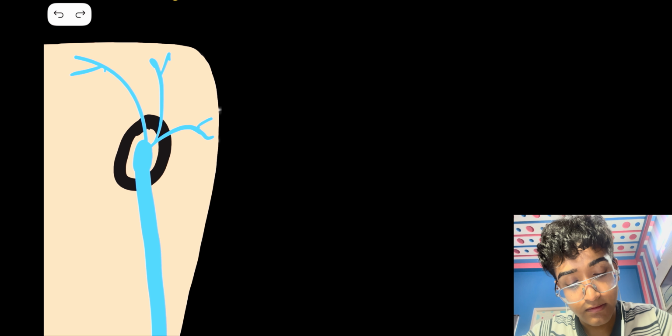While it is draining into the femoral vein, it has 3 tributaries.